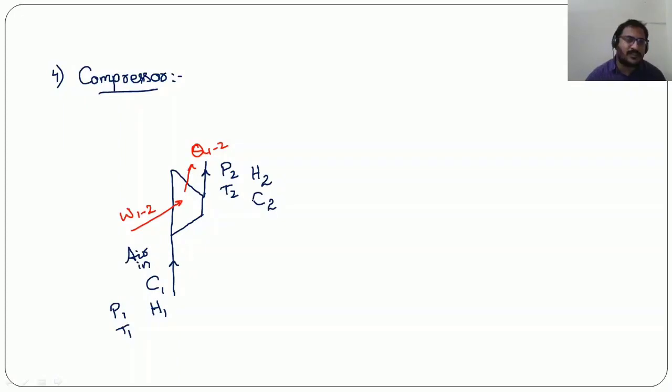Now if we apply steady flow energy equation for this particular case, neglecting the potential energy components, here we need to use the expression like this: half m C1 square plus H1 minus Q12. Why we have considered minus Q12 is heat is rejected by this compressor.